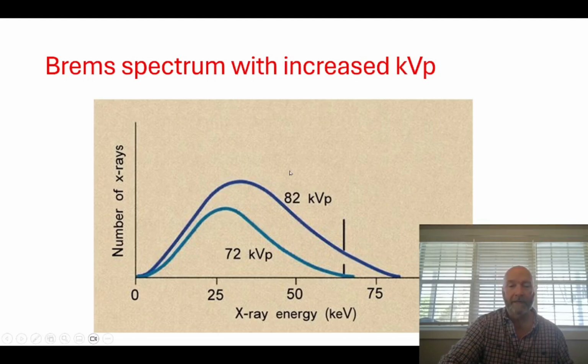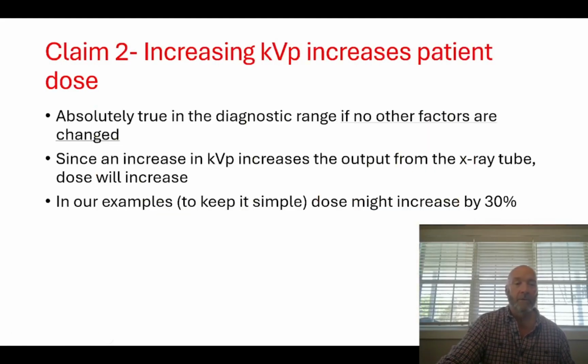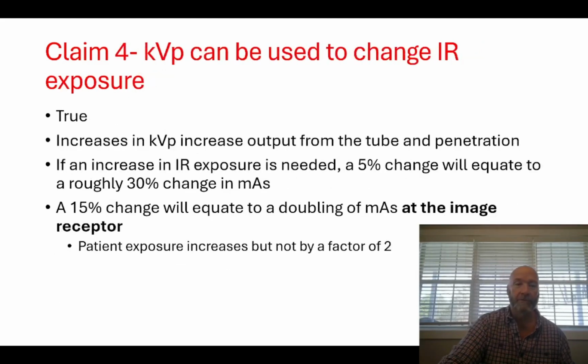If this was a 90 kVp X-ray beam, then our average would be at 30. So we're going to have a lot of absorption of those low energy photons and even the average energy photons. So we do see an increase in dose with an increase in kVp. Since an increase in kVp increases output from the X-ray tube, then the dose will increase. In our example, to keep it simple, dose might increase by roughly about 30%. We use those numbers later on.